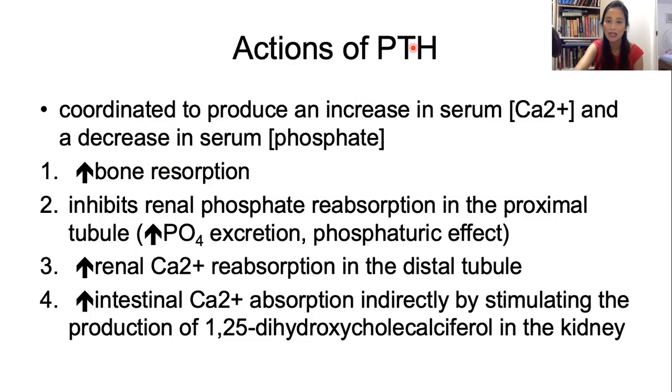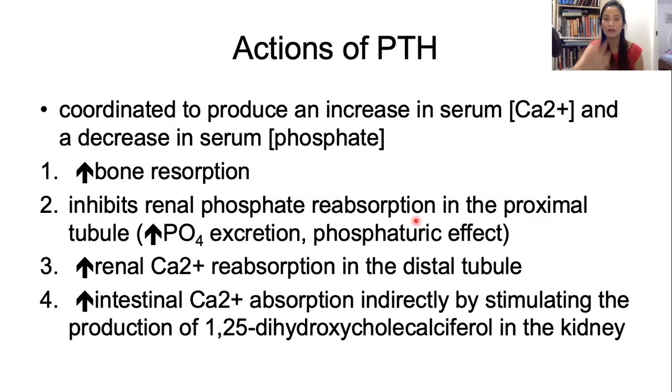So how does PTH do this? How does PTH increase serum calcium and decrease serum phosphate? First, PTH increases bone resorption, which I'll show you in the next couple of slides. And PTH inhibits renal phosphate reabsorption in the proximal tubule.